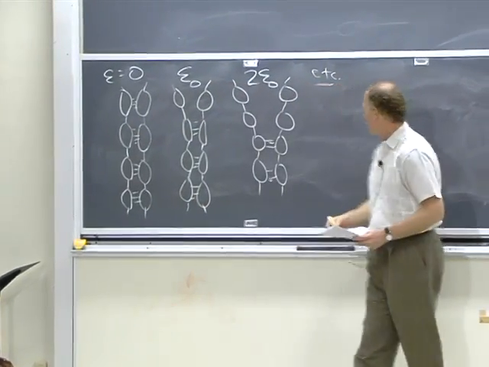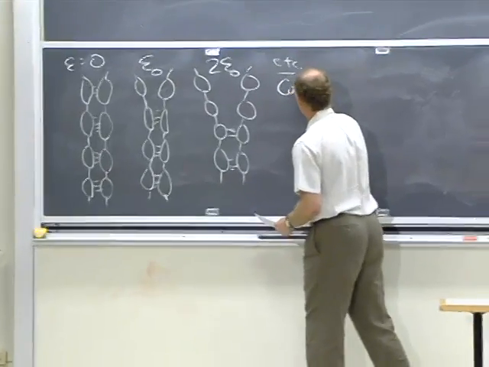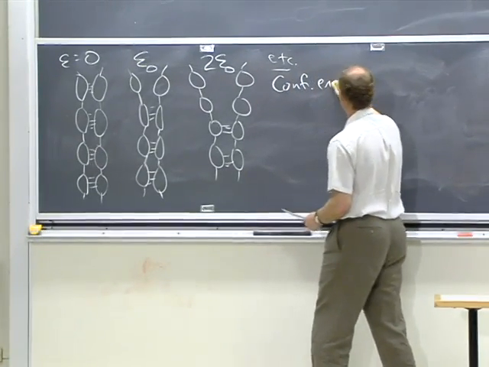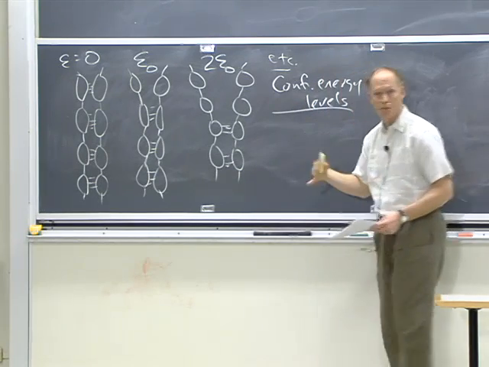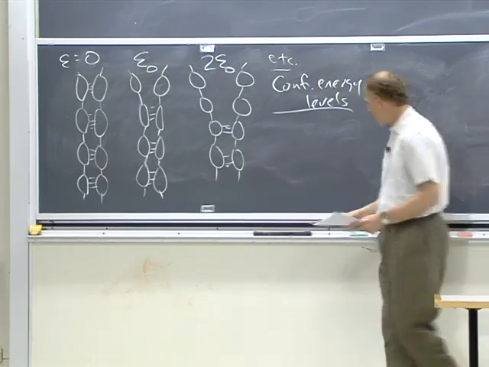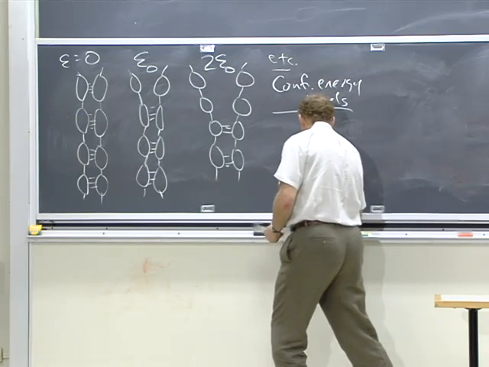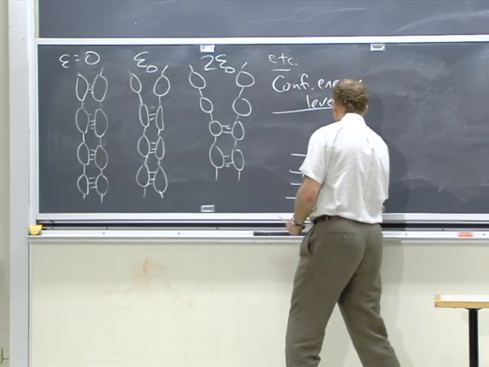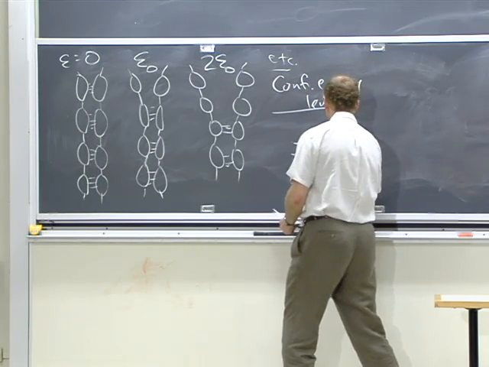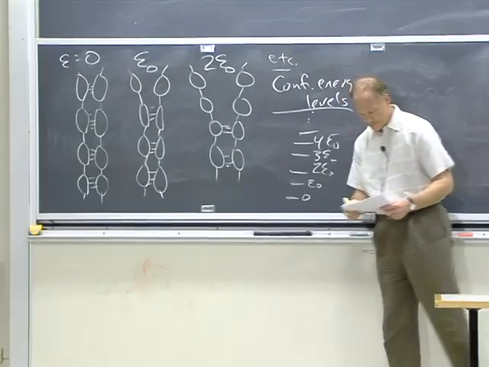And so we have a series of configurational energy levels. They're evenly spaced in this model, right? So there's 0, epsilon 0, 2 epsilon 0, and so on, right?